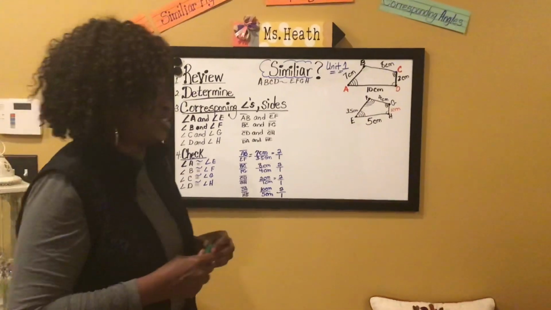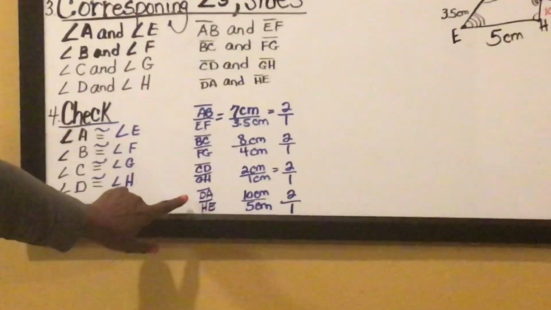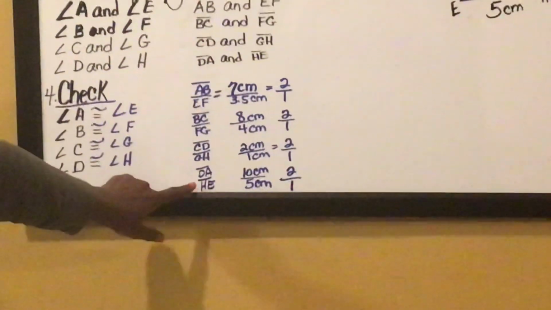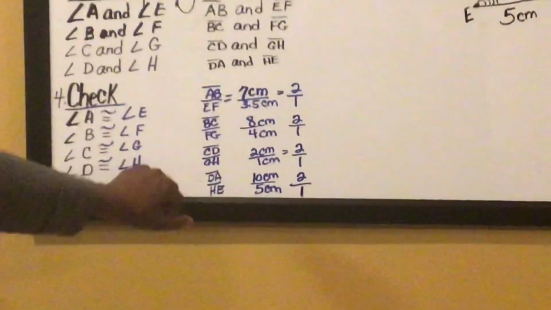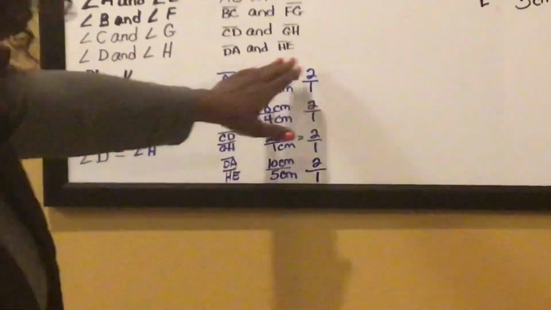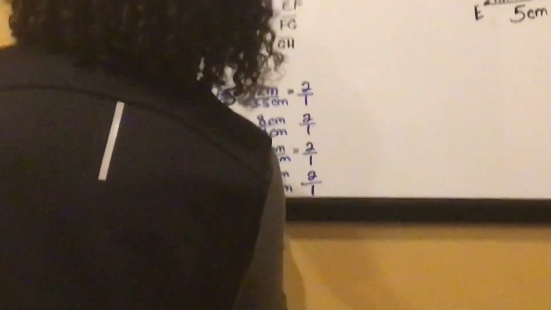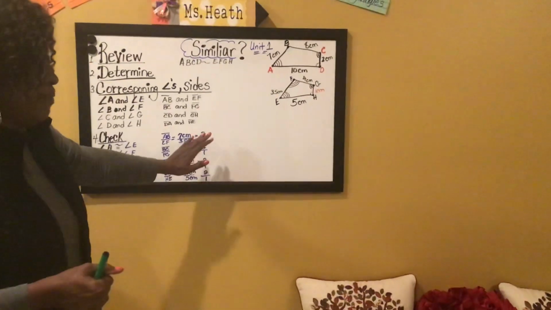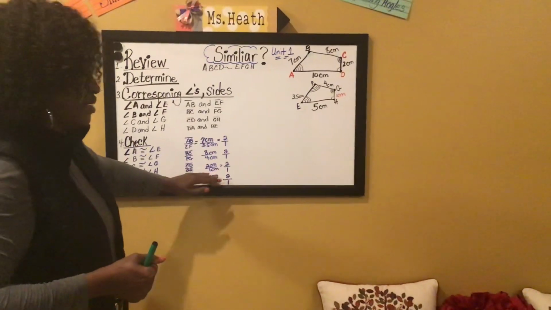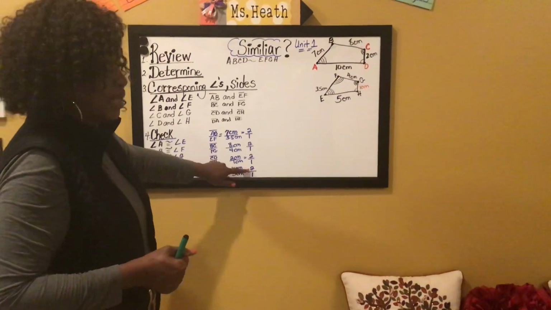Now, lastly, let's check side DA over HE. Sorry about that. So make sure I got that correct. All right. So it has a length of 5 centimeters. So if we reduce the ratio, we also get 2 over 1.